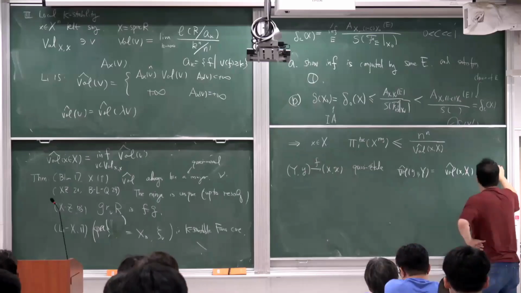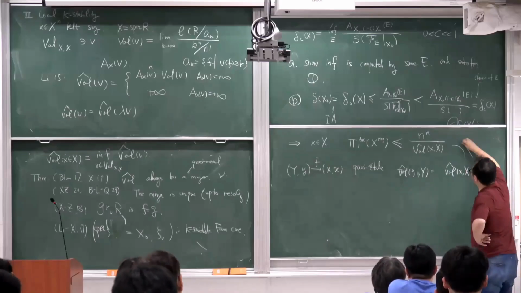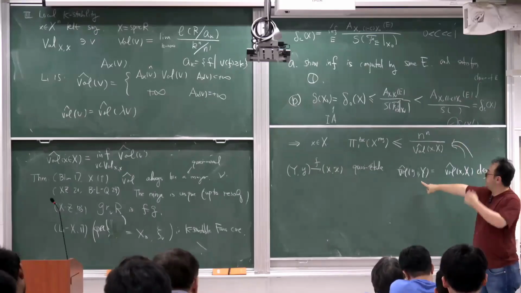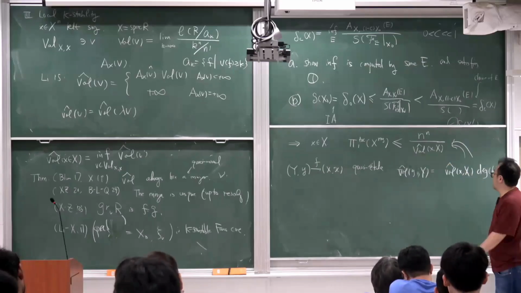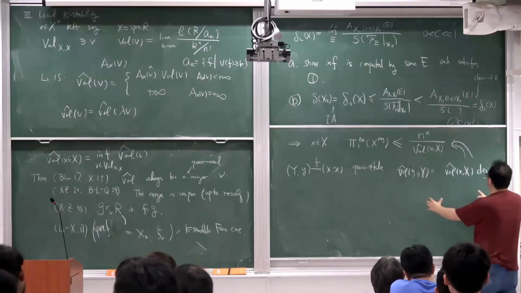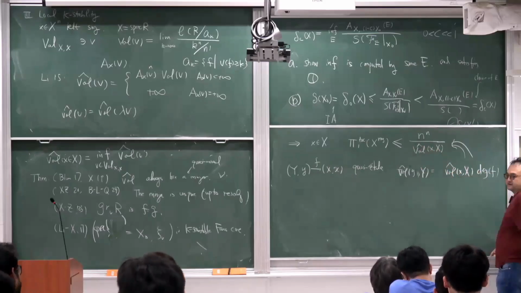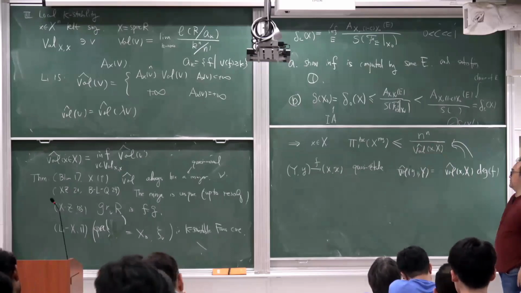So this kind of degree formula will immediately imply this result, because for the universal cover, the volume is at most n power n, which is the volume of the smooth point. And you know that the degree is at most this number. So that's the upper bound on the size of the local fundamental group of this.